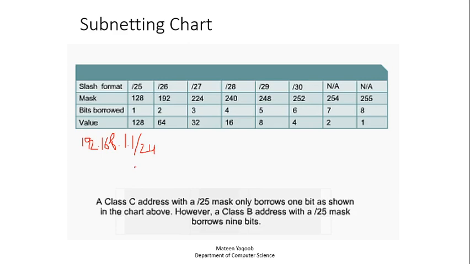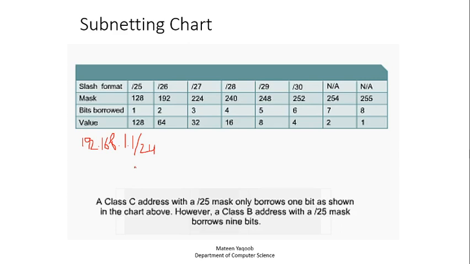So in this case, you can see there are 8 bits for host and 24 bits for network. So it means only one huge network will be formed. In order to create many subnets, we do subnetting.